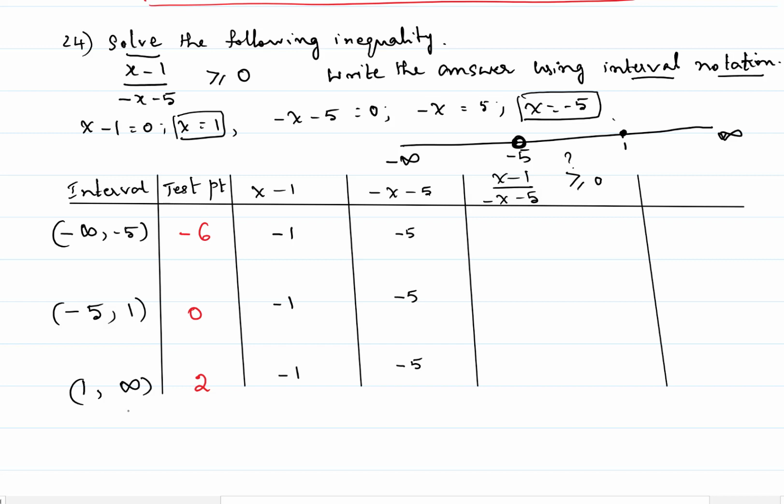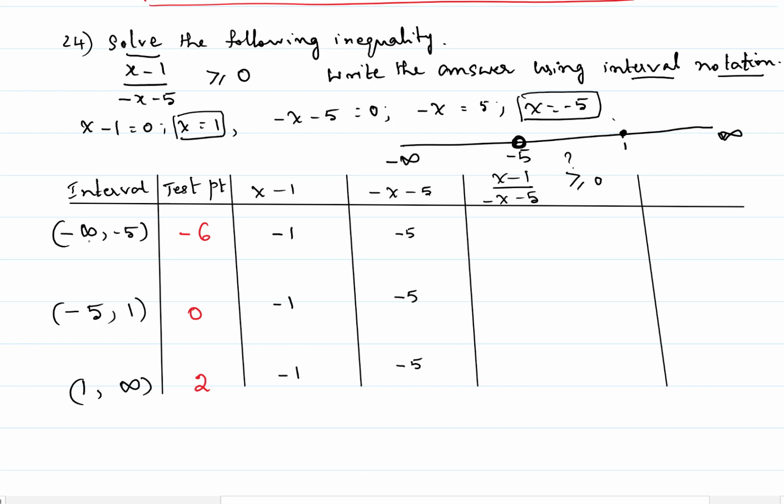Now we are going to pick a test point in each of these intervals, plug it into x minus 1 and negative x minus 5, and then take the ratio x minus 1 over negative x minus 5 and check the sign. If the sign is positive, then that interval is part of the solution set. And if the sign is less than 0, then that interval is not part of the solution set.